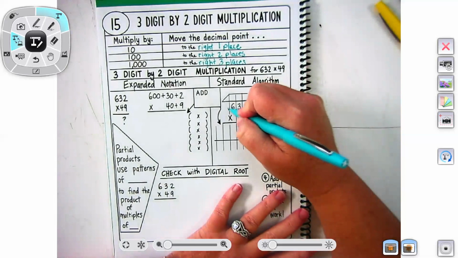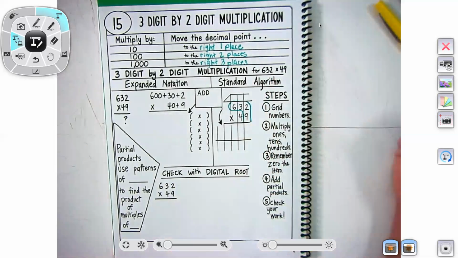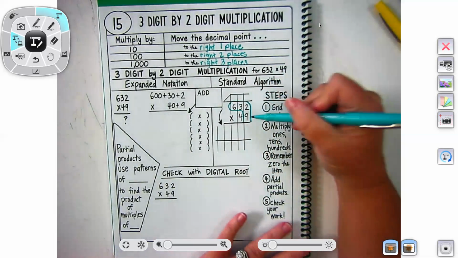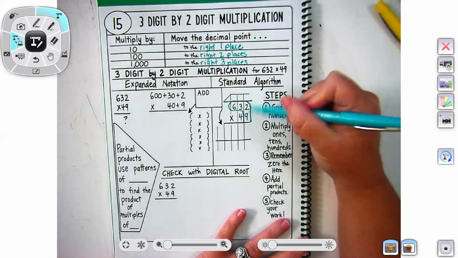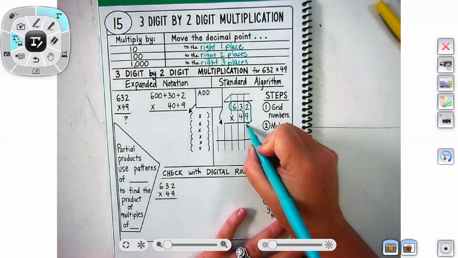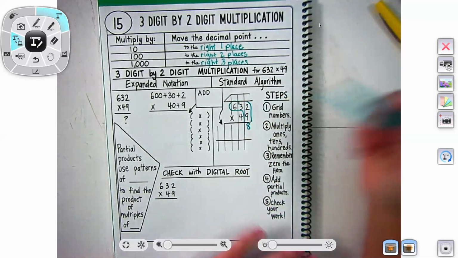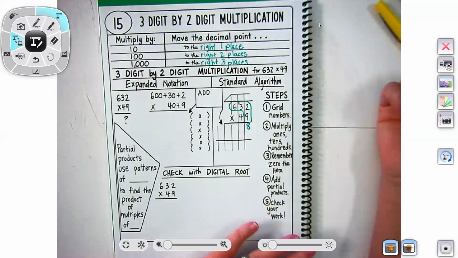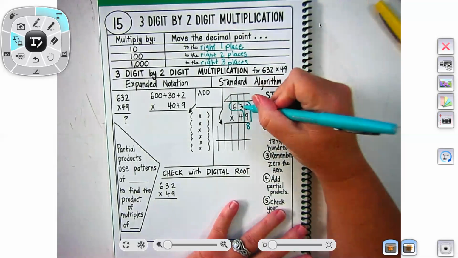What I do is I draw a dinosaur head so that I know that I have to stay within the ones place. So I'm going to start at the ones place, and I'm going to ask myself 9 times 2. 9 times 2 is 18, so I'm going to put my 8 down, and I'm going to carry my 1. Notice I kept it inside my dinosaur head. Then I have 9 times 3, which is 27.